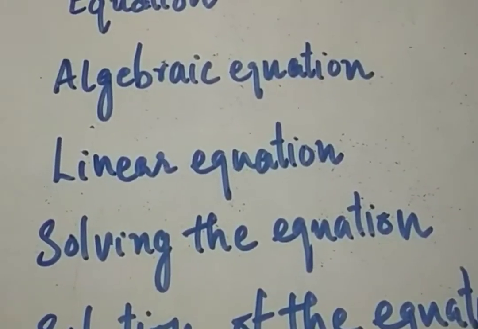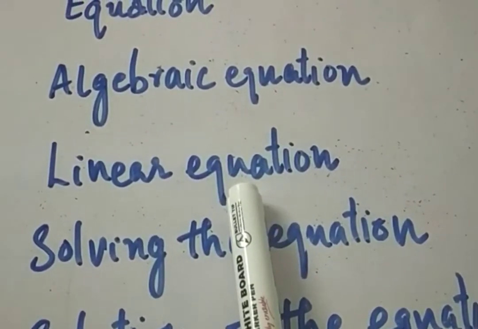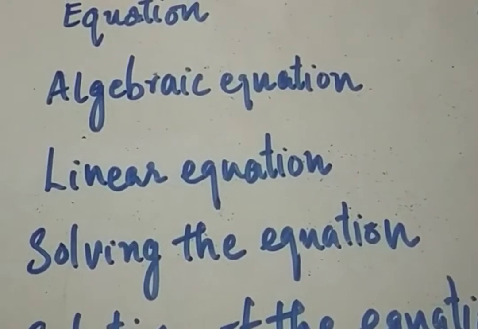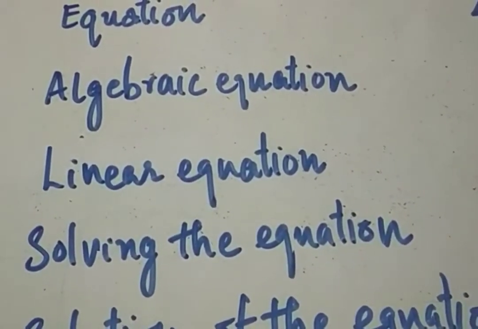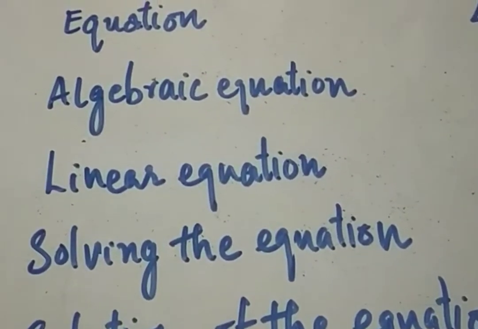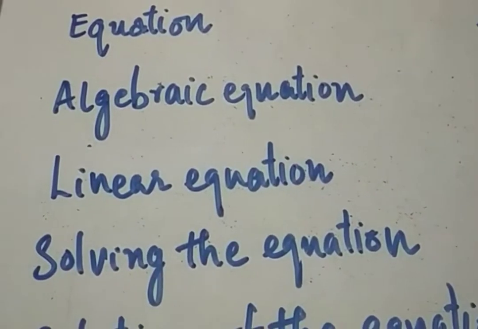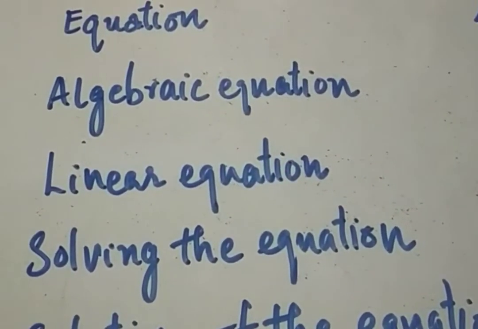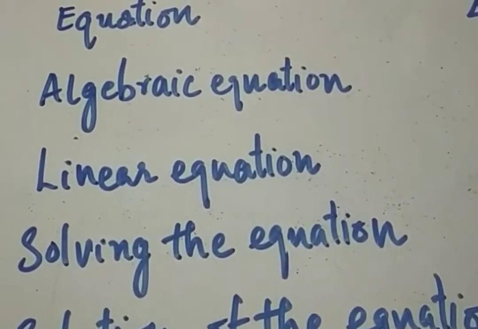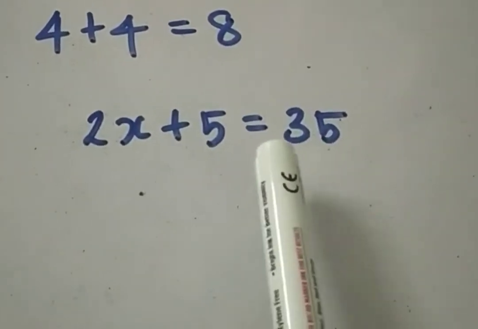Now the next term is linear equation. What is meant by linear equation? In the last chapter we studied how to find out the degree of an algebraic equation. Do you remember that? Okay, so if the degree of an algebraic equation is 1, then we will call that algebraic equation a linear equation. Take the same example. 2x plus 5 is equal to 35.